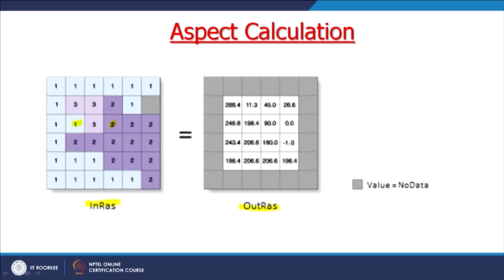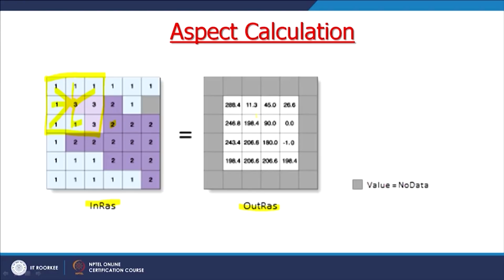Here this is the output raster, and based on the surrounding of each cell, if I take this example of this 3, then this will be considered, and whichever has a lower value, that direction may be assigned. So, here with reference to this, this and this all have lower values than this.